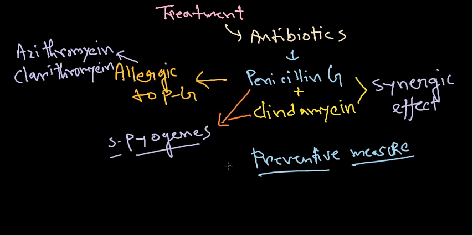Otherwise, infections like streptococcal and staphylococcal infections are mostly transferred by food. So be careful about food, and regular hand washing is required. You need to maintain all these things. So that's a little bit about the treatment, and I hope that's helpful.